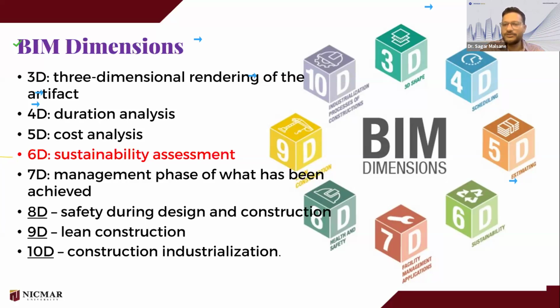Then for estimation, through 3D BIM you can extract all the material quantities and convert them into a BOQ. Correct? So you can find out the cost of your project and create a budget from that information. And then 6D is about sustainability assessment. Correct?